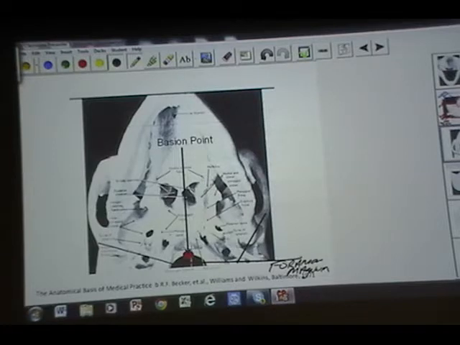And here are the mandibular condyles with these lines going through them, from lateral to medial, through the condylar head over here, and the condylar head over here. And they've got this big red dot, which is called the basion point. That's also something we'll talk about in orthodontics, okay?